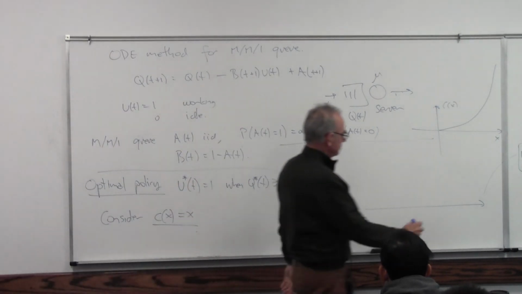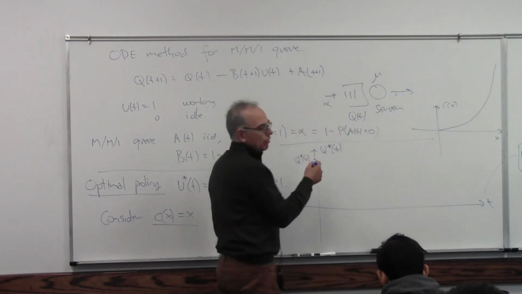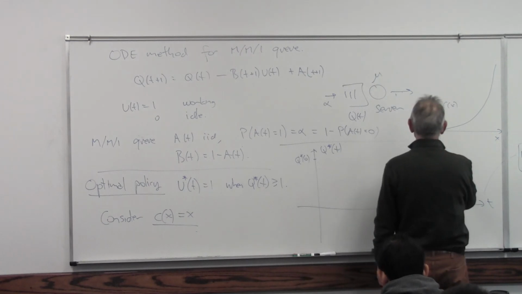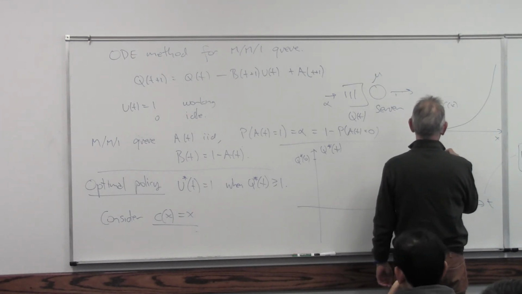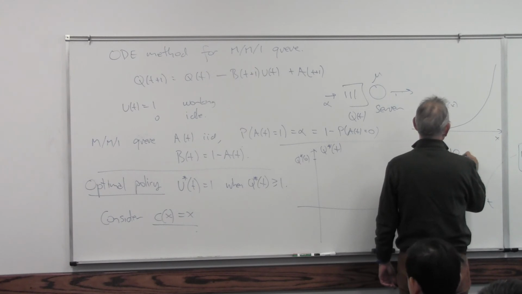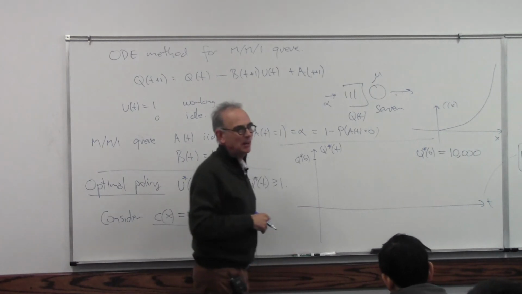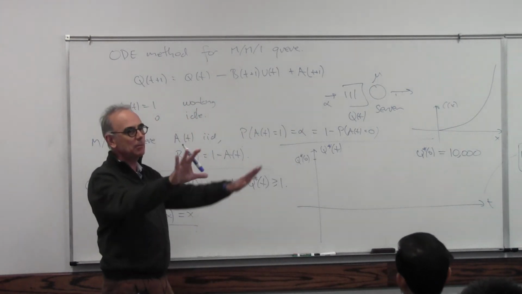Here's t. Here's q star of t. Let's make it big just for simplicity. Let's say that q star of 0, the number of guys and gals in the bank, is 10,000. I picked that out of my hat.